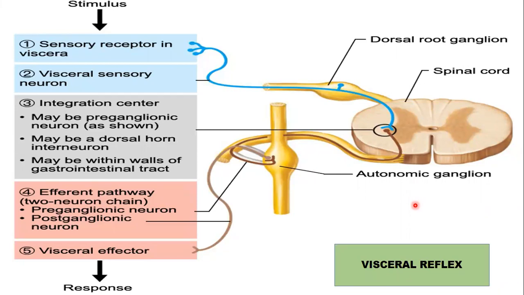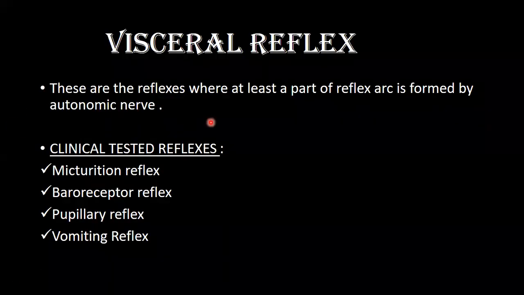These are things you just need to go through or read once, nothing more to explain. Moving forward, visceral reflexes, as I said, are by the autonomic nervous system, and the types are the micturition reflex, that is the urge of urination, then the baroreceptor, pupillary, and the vomiting reflex, which is a type of visceral reflex.